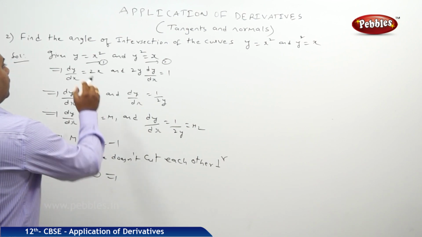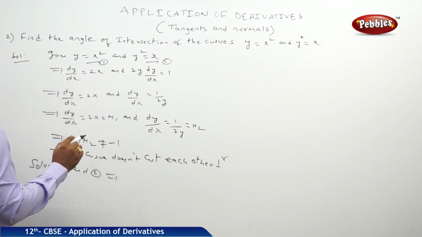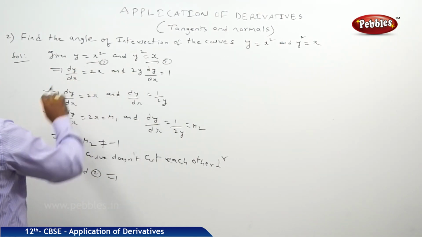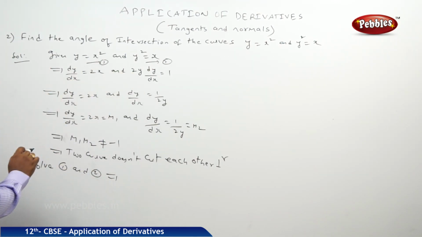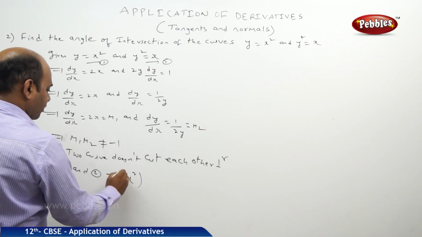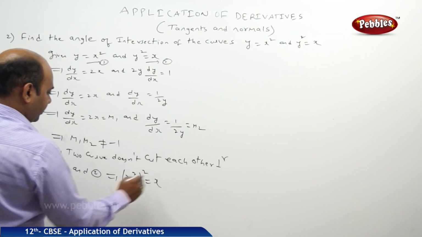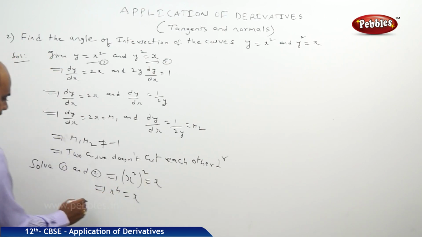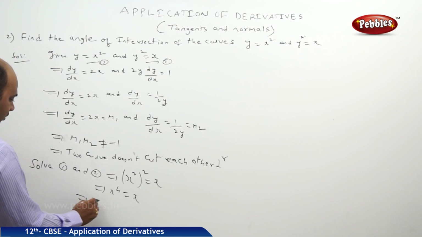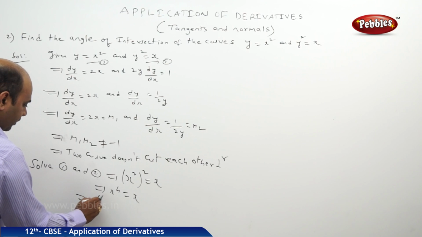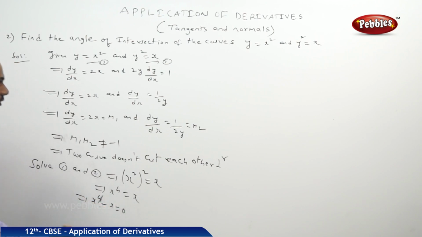Since y is equal to x square, in equation 2 I will substitute x square in place of y. So x square whole square becomes x. That means x power 4 is equal to x, that means x power 4 minus x is equal to 0.